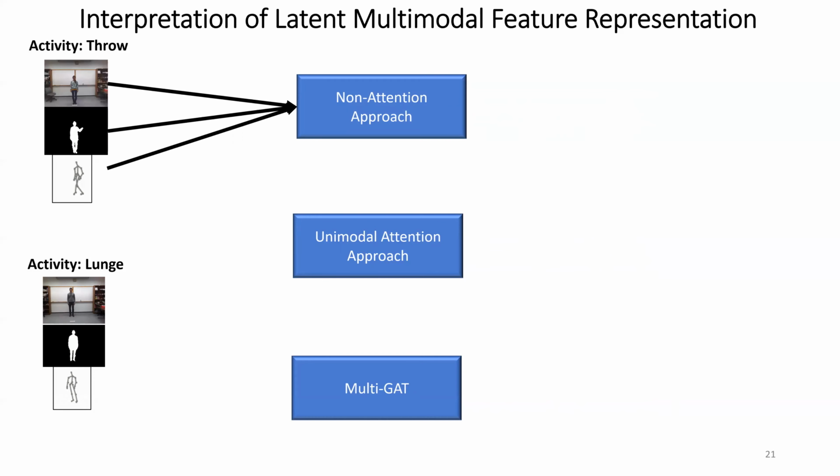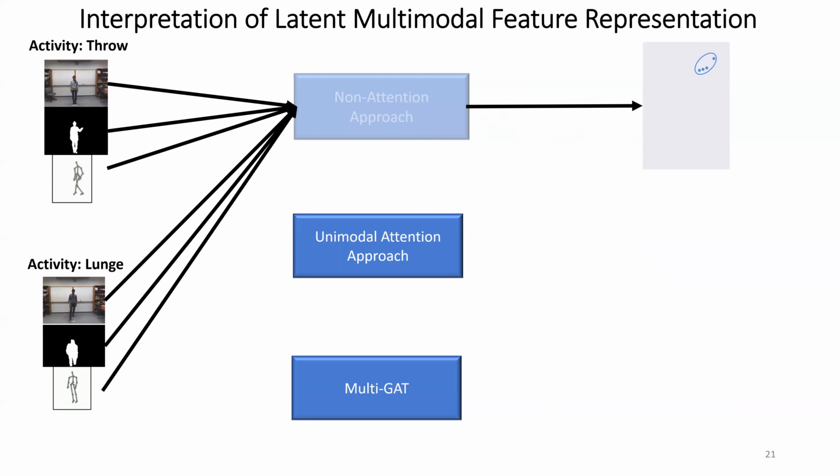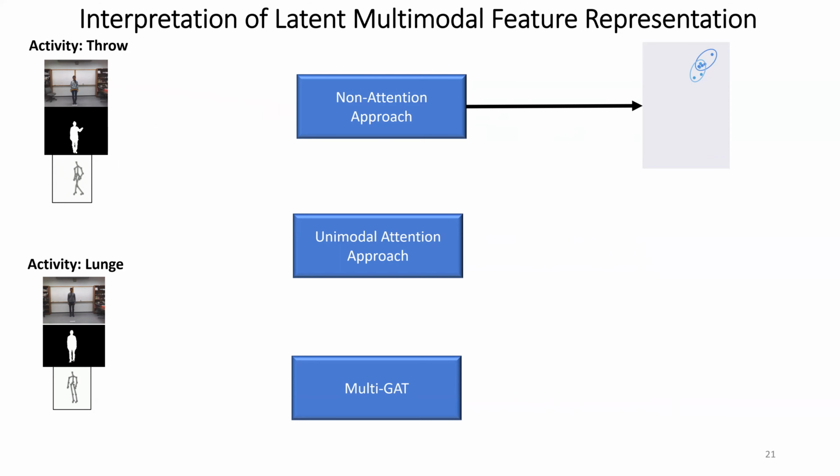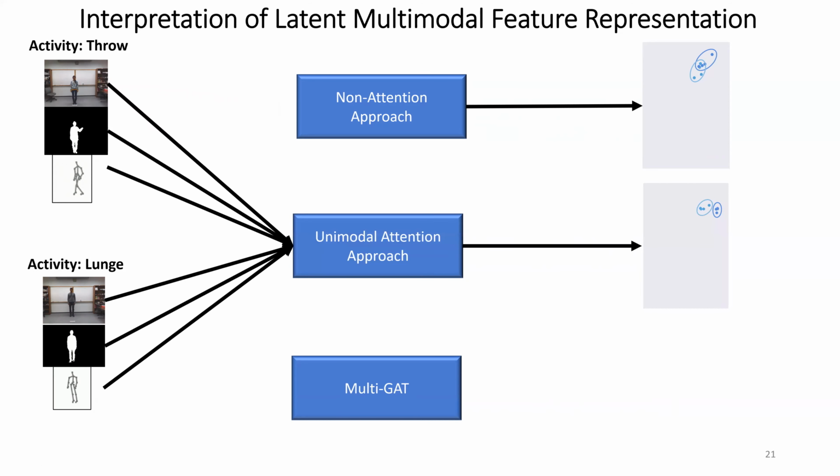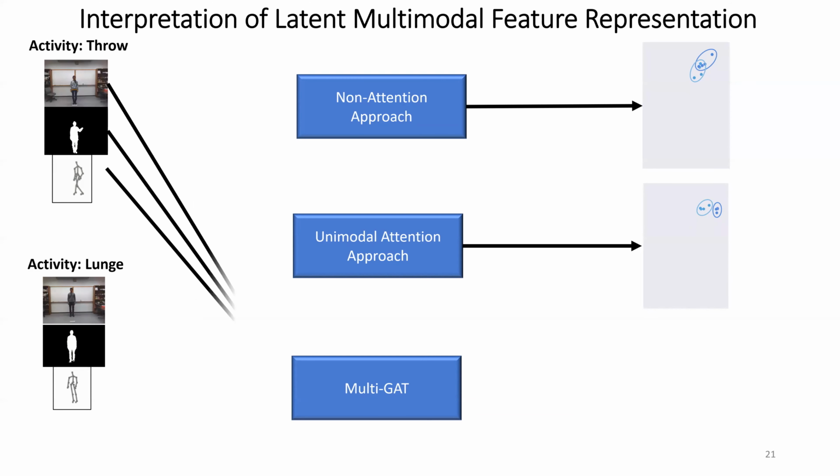For example, when we utilize the non-attention approaches, it may not extract distinguishable features. Here the multimodal feature representation is overlaid for the throw and the lance activities, which are quite distinguishable activities. When we employ the unimodal attention approaches, it separates the feature space, but it may not effectively separate the features.